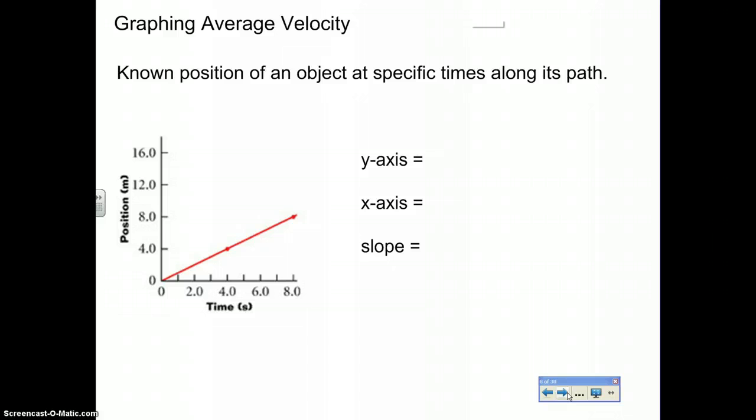All right, because the average velocity requires a time interval, that means it can be graphed. That means we can look at a starting position, we can look at an ending position, and then we can compare that to how much time it took to get from that starting position to that ending position, and graph it or create an equation that describes its motion. So here we can see a graph of the known position of an object at specific times along its path.